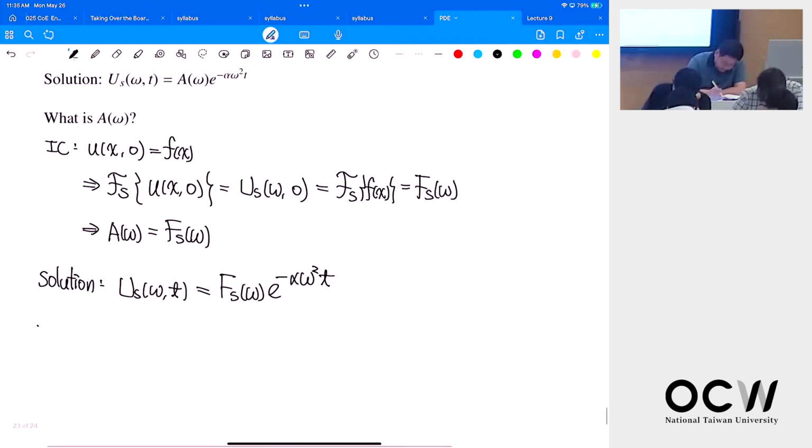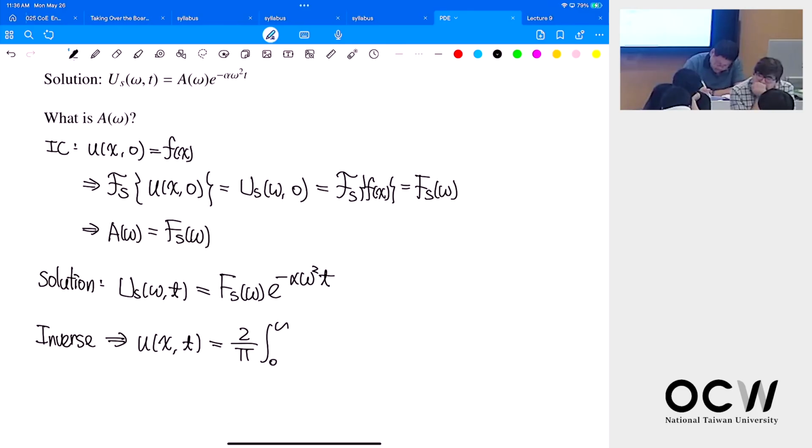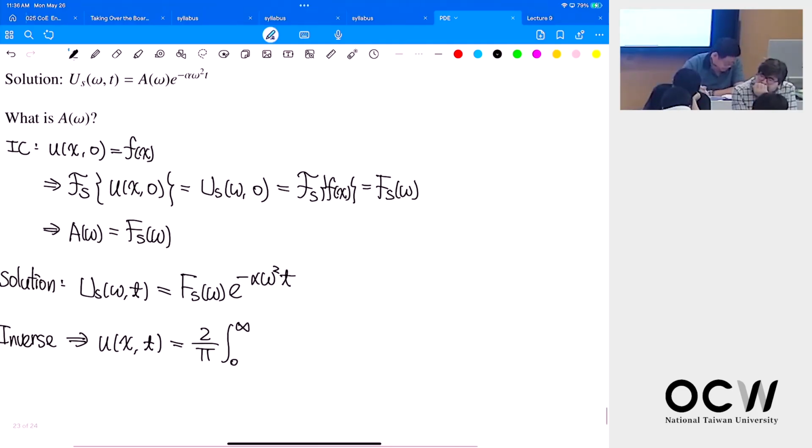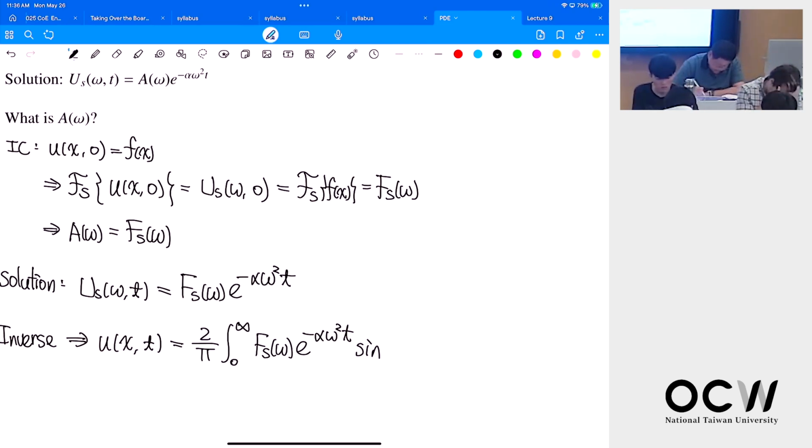And the inverse, you get u of x,t equals 2 over pi, integral from 0 to infinity, of the Fourier sine transform times e to the minus alpha omega squared t, sine omega x d omega.